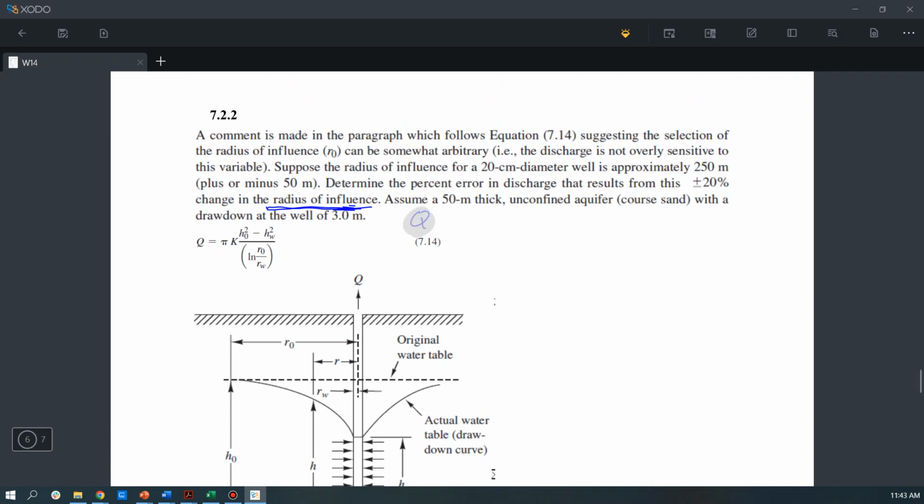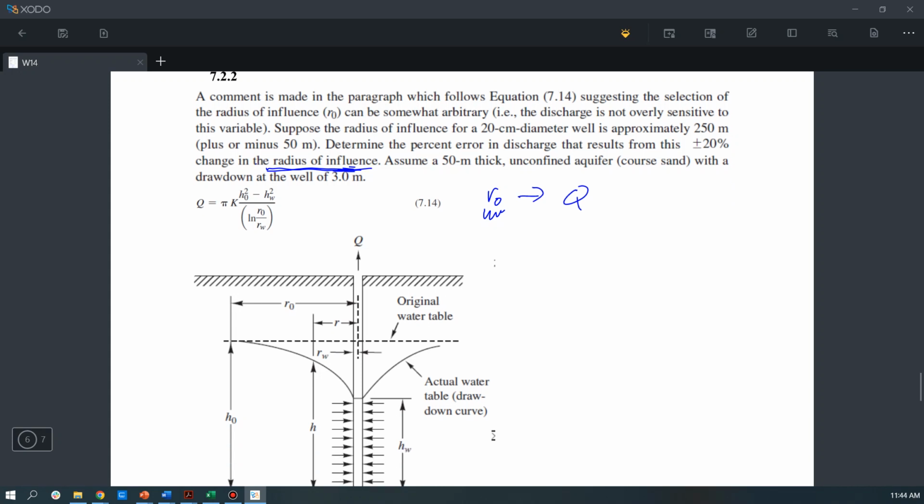Okay, so if I write down, it will be like if we have some variance in this radius of influence, how does that affect the discharge? So to answer that, we will use this equation shown on the screen here to evaluate the relationship between this R0 and Q. Okay, so let's do that.